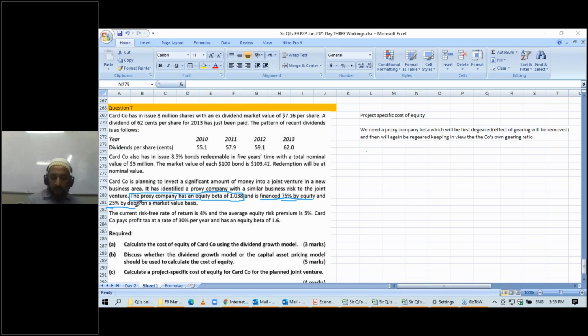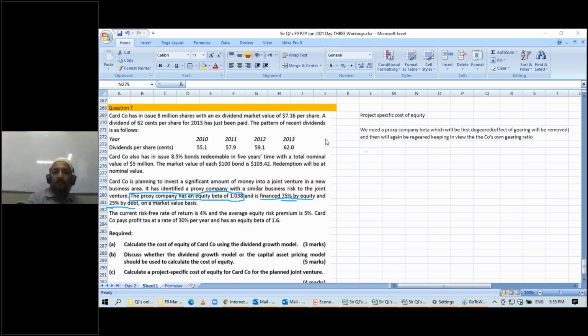So we will have to remove the gearing effect of the proxy company, right? If you remove the gearing effect, there are two types of risk involved in beta: financial risk and business risk. So financial risk will be eliminated. Only the business risk will remain, which is relevant to us. So in that business risk, we will add our own gearing ratio and re-gear it. So first, we will de-gear the beta.